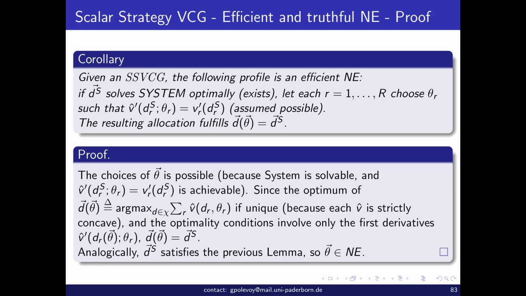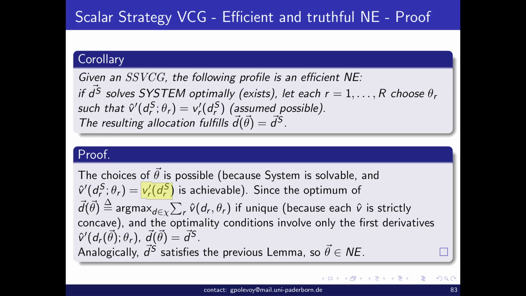So there is some D S which solves the system optimally. And then we assume that there is a theta such that the corresponding function's derivative at this point, ds of r, will be exactly equal to the derivative of the actual value of player r at ds of r. So this is also achievable.